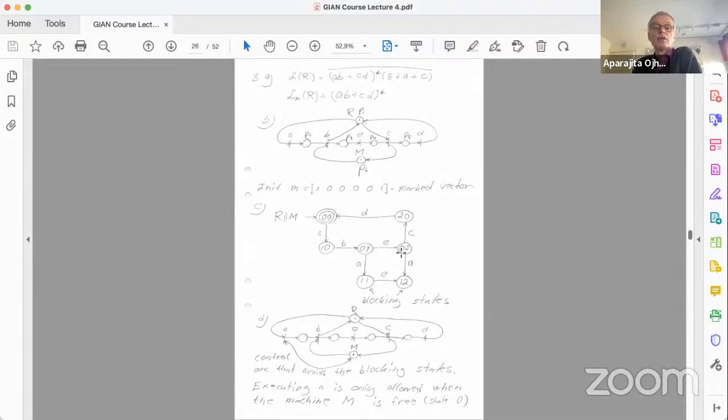That means that the robot is free and the machine is in its second state. And then you can take a C with the robot and a D and go back again, and that's fine.